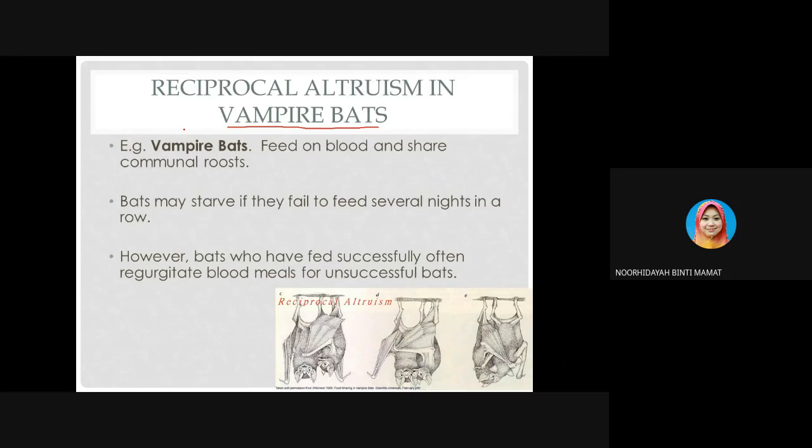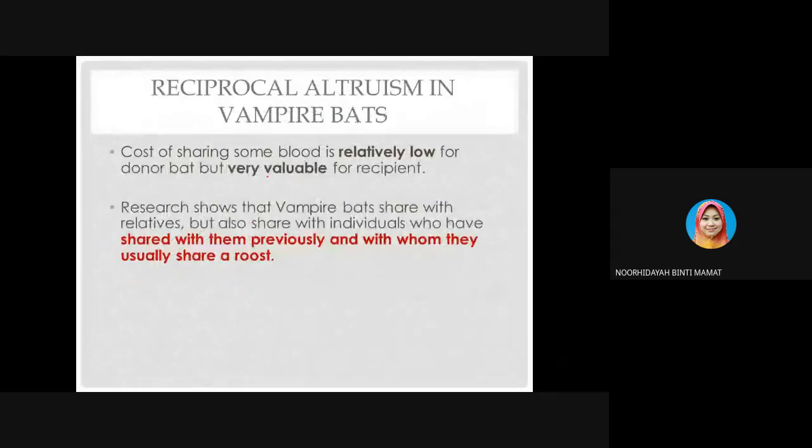However, bats that have fed successfully often regurgitate blood meals for unsuccessful bats. The successful bats, the ones that get the blood, often regurgitate the blood meals for the unsuccessful bats and help them get blood. The cost of sharing some blood is relatively low because they have already fed.